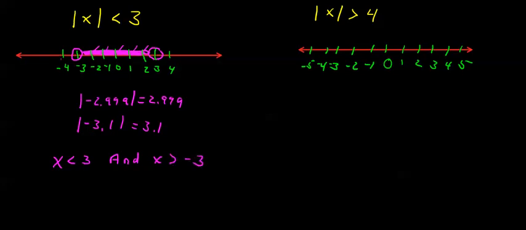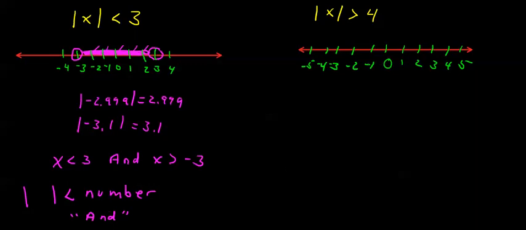Negative 4 is less than 3, but it doesn't work in here. So we have to be between the two. So anytime we have an absolute value less than a number, it's an and. And we're going to do an example.